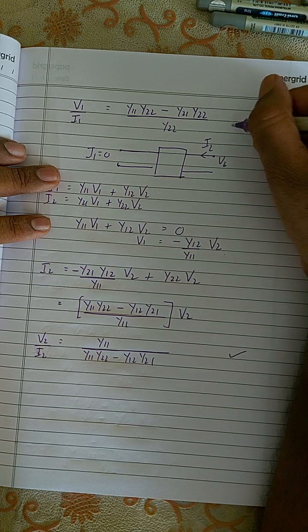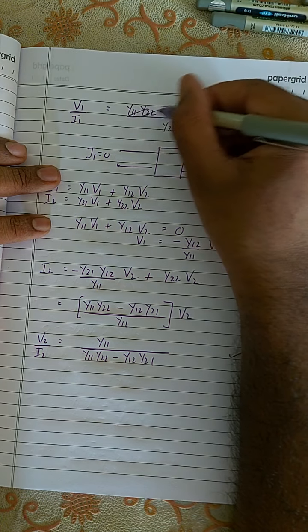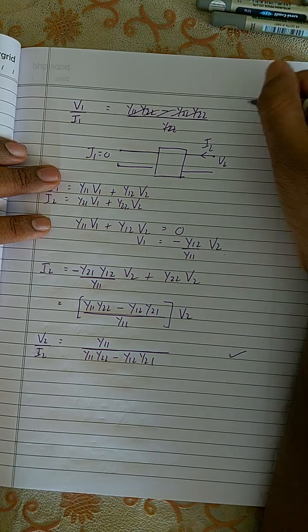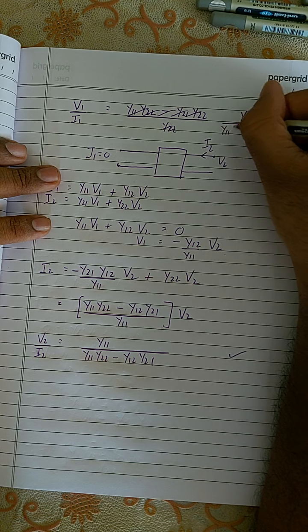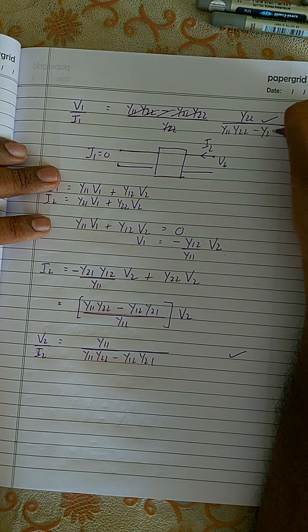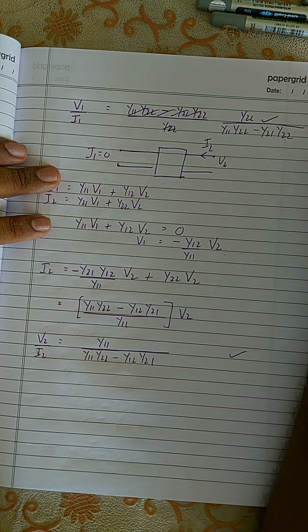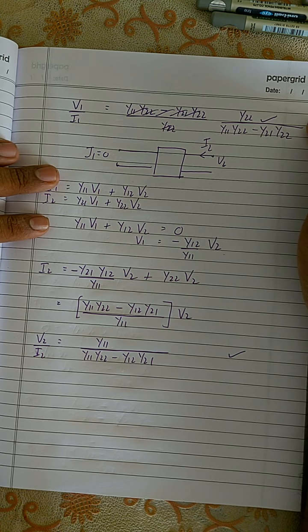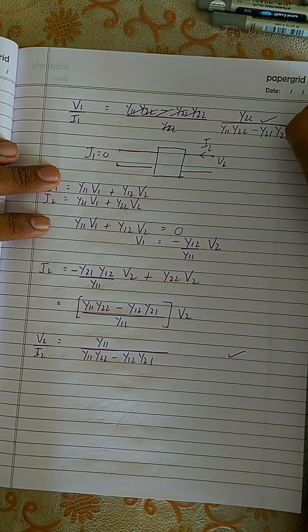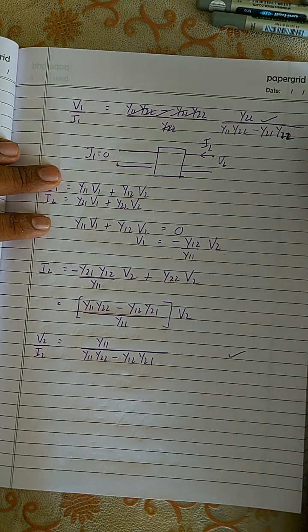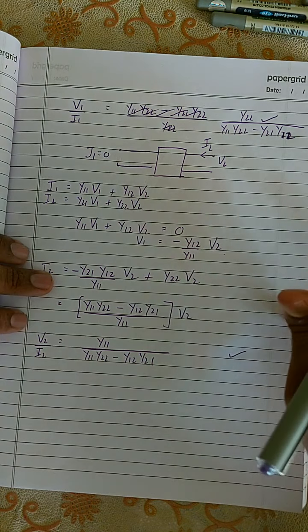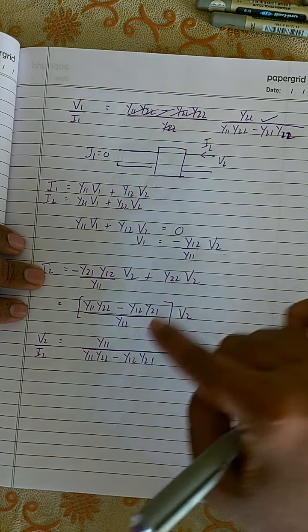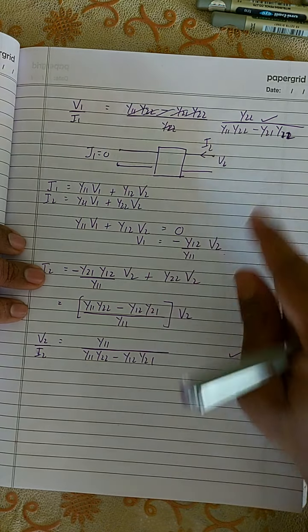It should be Y22 by Y11 Y22 minus Y21 Y12. Okay, this is it. So the network is said to be reciprocal, symmetrical, if these two conditions are the same.